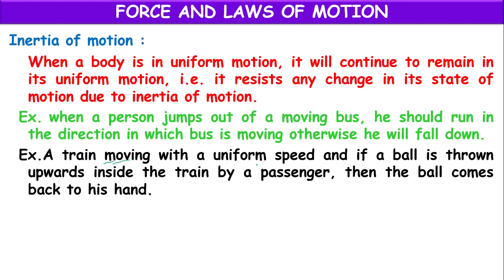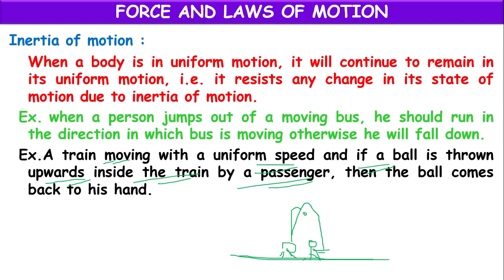Or take a train moving with a uniform speed, and a ball is thrown upwards inside the train by a passenger. Here one person is sitting, and he throws a ball. As the train is moving, the person will move forward, and if you keep the hand, the ball will come to his hand again.